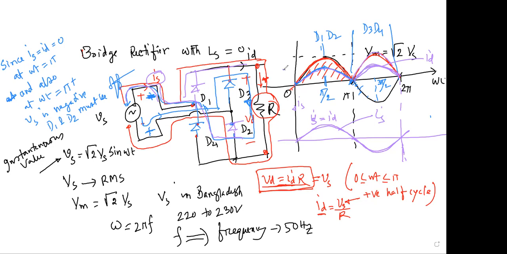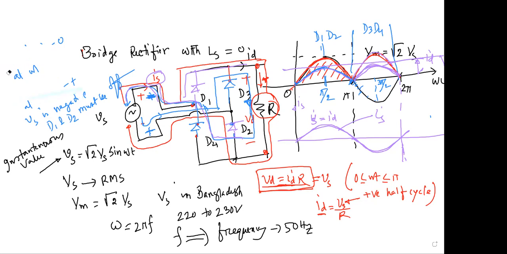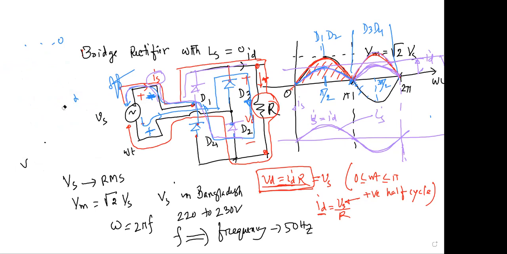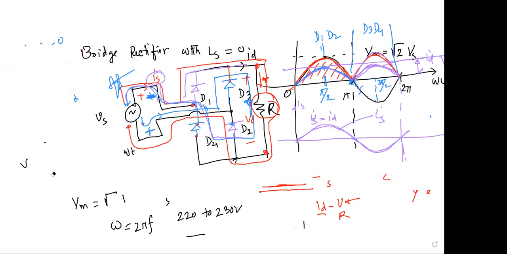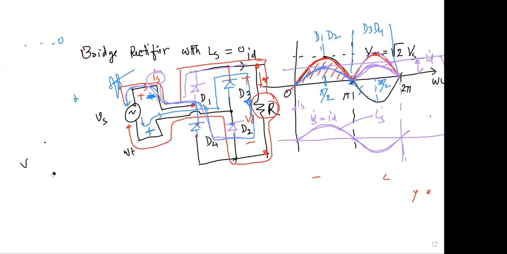Now, if we want to get the average value of the output voltage, say VD, how can we take the average value of the output voltage? Can anyone tell me?